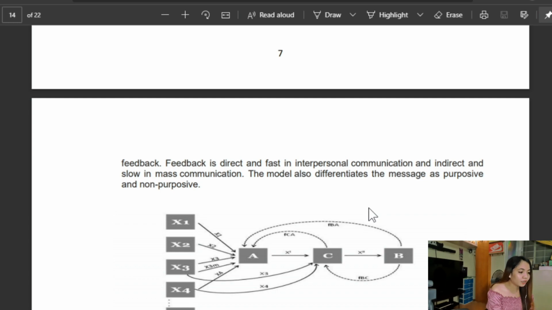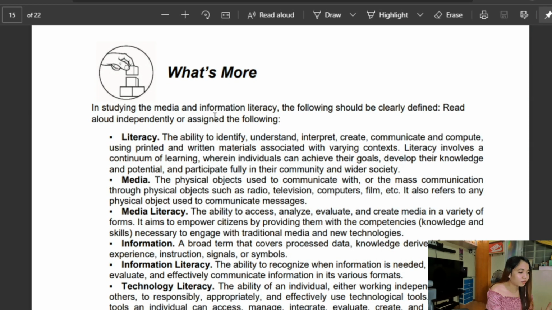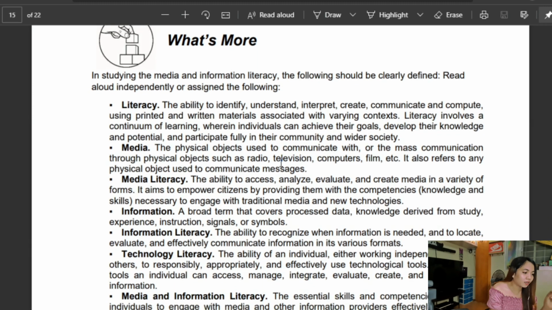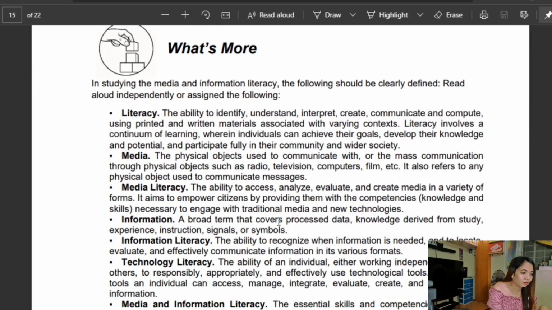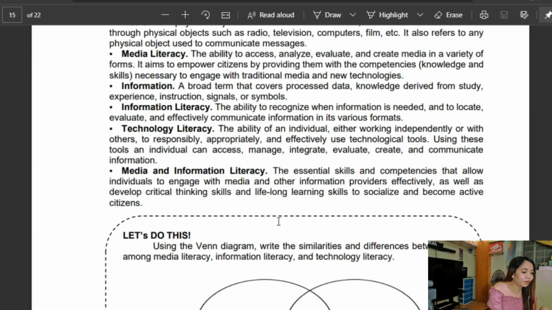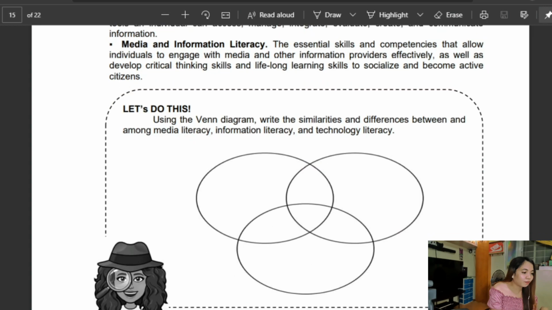For the next topic, these are the different terms in MIL. I already uploaded a video of this. You may check it out on my YouTube channel. The title is Introduction to Media and Information Literacy. I uploaded a video about this which will help you in answering this Venn diagram.